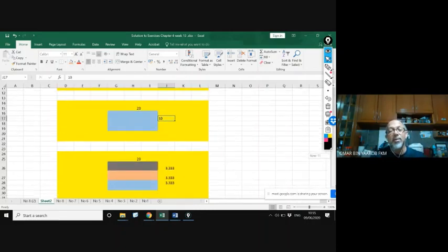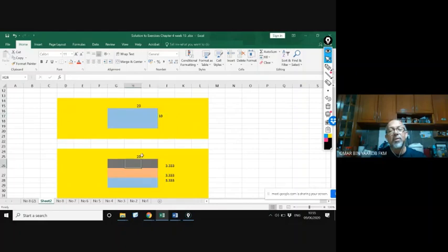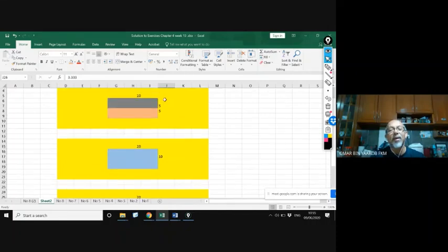Like this one, it is 1/12 times 20 times 3.33 cube, and you have 3 tanks, so times 3. With 3 tanks, you can see that the total second moment of area is much smaller than the 2 tanks, and also the 1 tank.